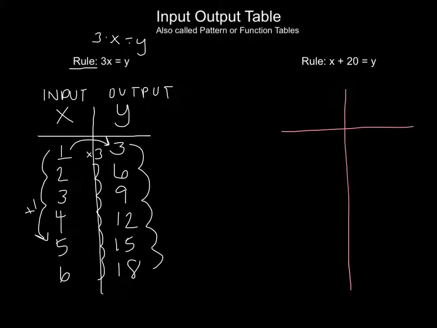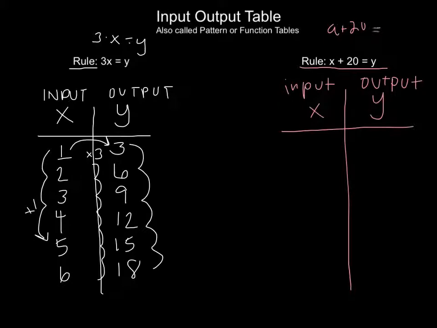Let's try another one. So over here, my rule is x plus 20 equals y. So once again, my input, I'm going to represent as x, and the output, the answer, is supposed to equal y. And I'm just using x and y because that's the standard letters used, but these could be a plus 20 equals b, or any other letters that you want.